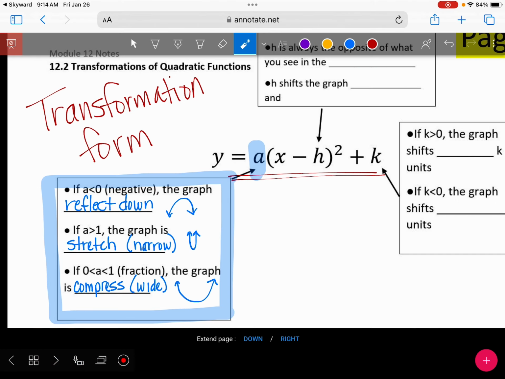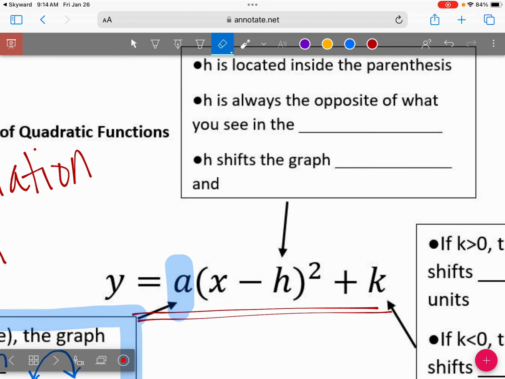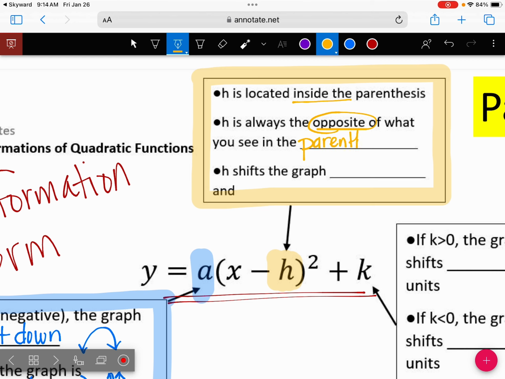All right, the second thing is H. Now, H is kind of strange because it's always inside. H is located inside of the parentheses. So it's inside, but it's always opposite of what you see in the parentheses, and we'll talk about that.